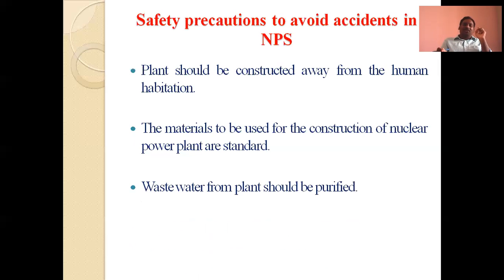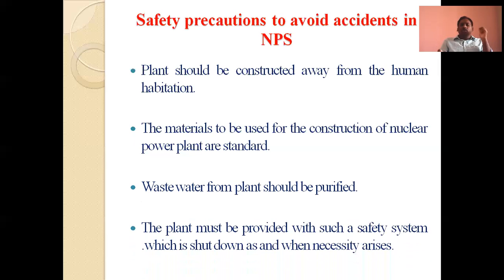And finally, the wastewater from plants should be purified. Otherwise, what happens? Heat can be dissipated into water. Radiation can be dissipated into water. That's why it is purified before it is pumped into the ocean or sea.